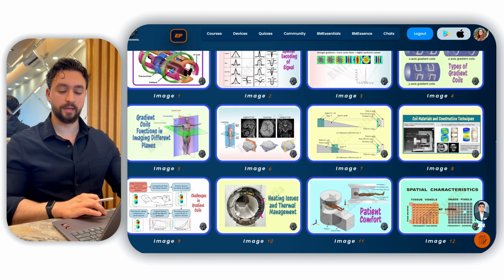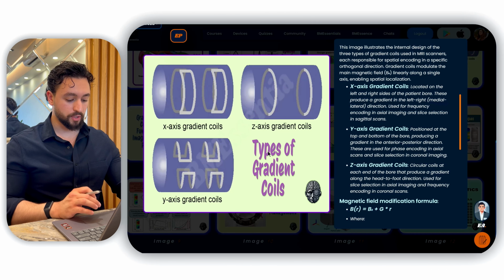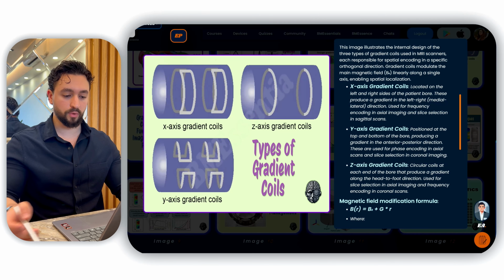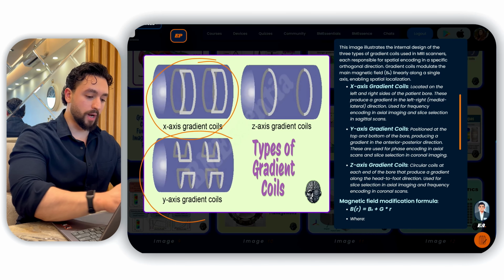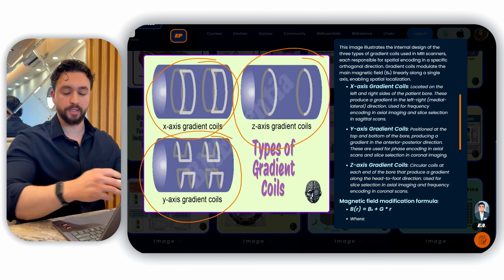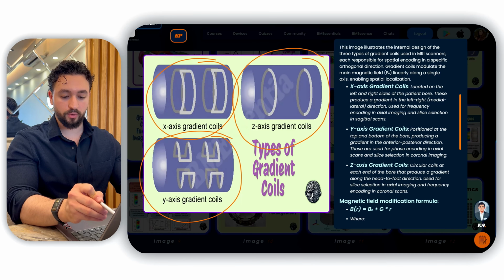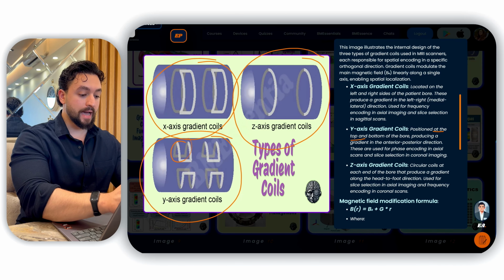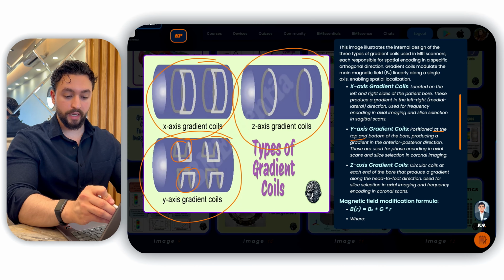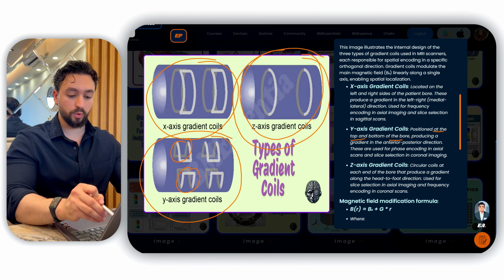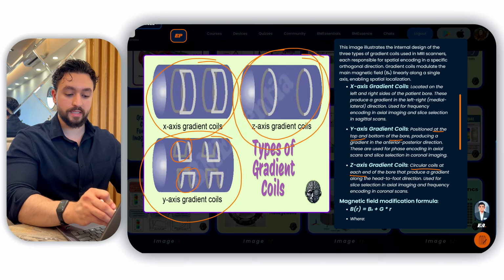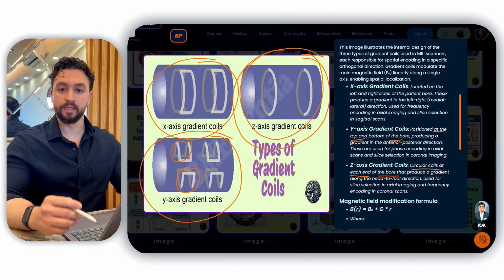So this, in a nutshell, is what gradient coils actually are. And there are three different types of gradient coils: X-axis gradient coils, Y-axis gradient coils, and Z-axis gradient coils. Now, Y-axis gradient coils are positioned at the top and the bottom of the actual bore. Z-axis gradient coils are circular coils at each end of the bore.